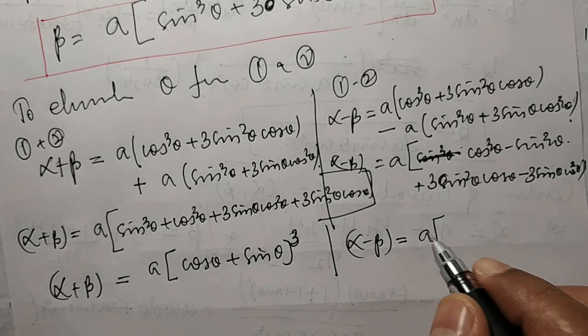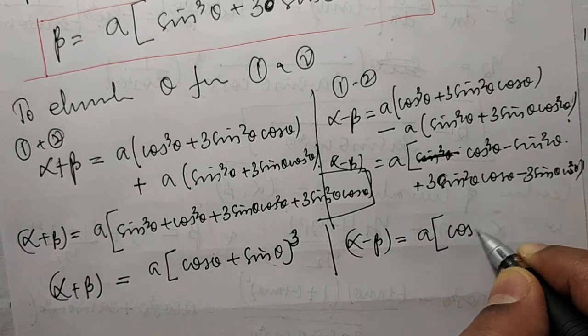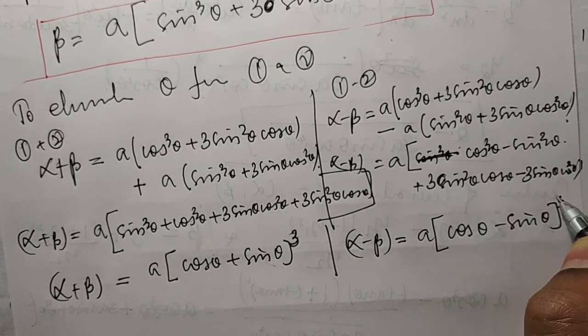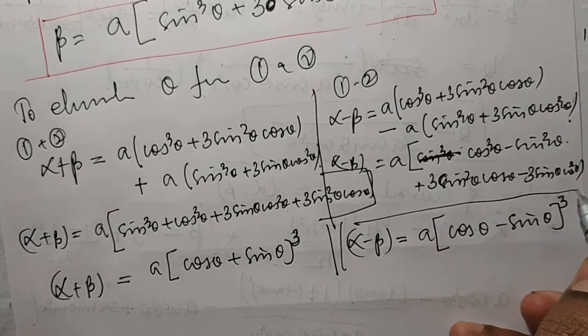That is nothing but a into cos theta minus sin theta raised to 3, that is cube. So these two results we got.